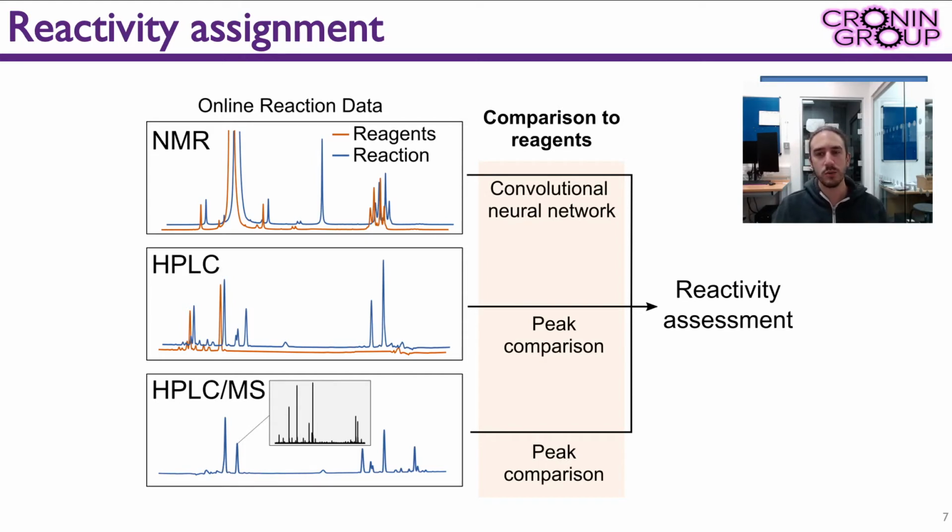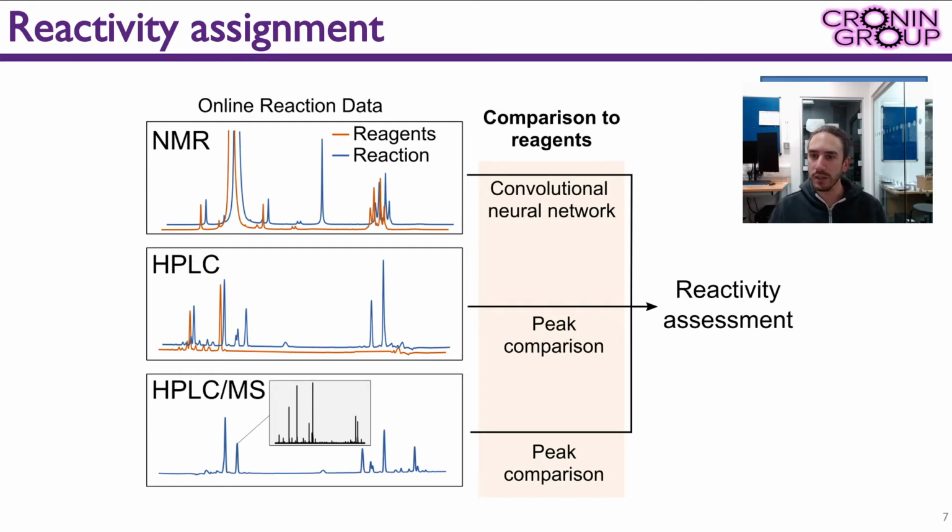In all cases, we are comparing the data of the starting materials alone with the data of the reactions, and if we only see signals of the starting materials, then we know that the reaction is unreactive. In the other case, if we see new peaks, then we assign a positive reactivity.